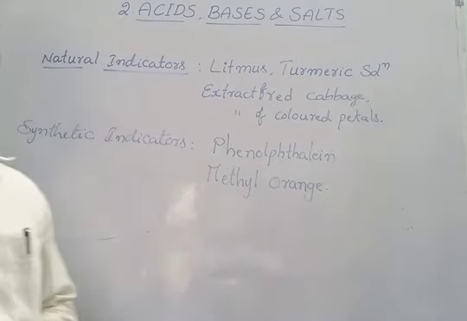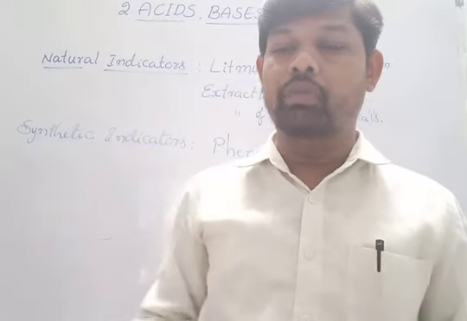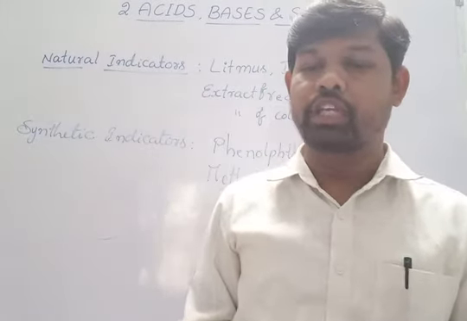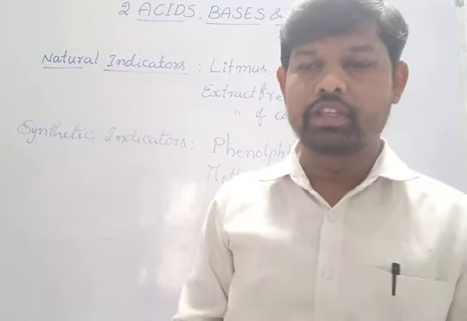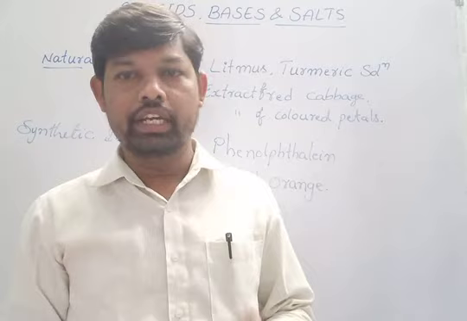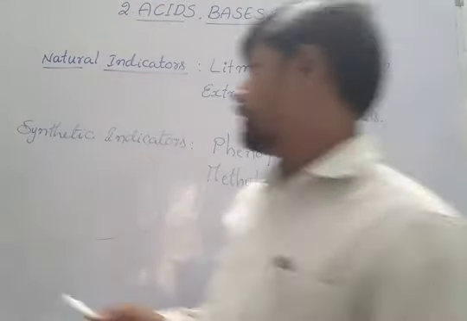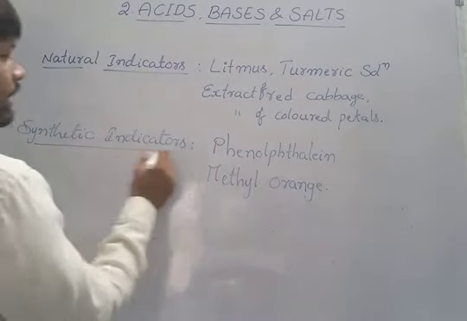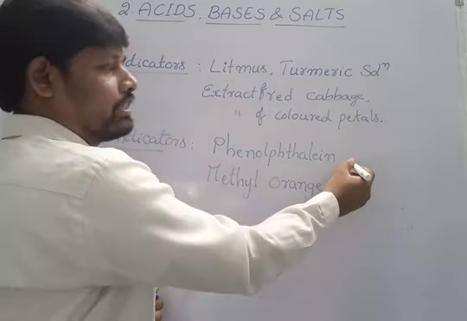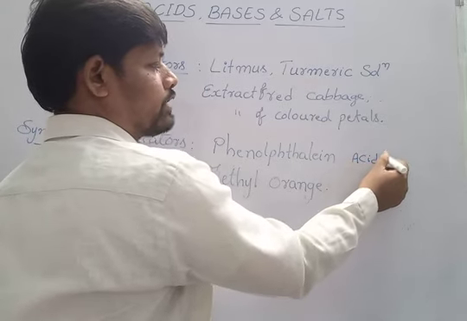Okay. So based on that, we have already completed activity one. In that, acids and bases were tested on red litmus and blue litmus paper, and with phenolphthalein and methyl orange. When you mix phenolphthalein with acids, what is the color?